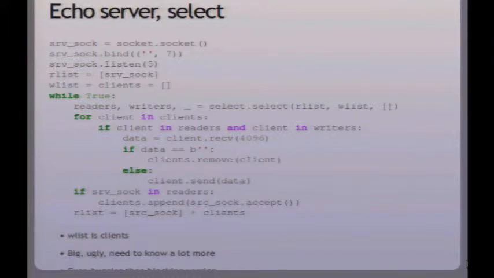If not, you send data back. When it has closed the socket, you remove your client. I actually forgot to close the client socket there as well, which is not a terrible mistake, because once Python's garbage collection cleans up the socket, it will be closed automatically.